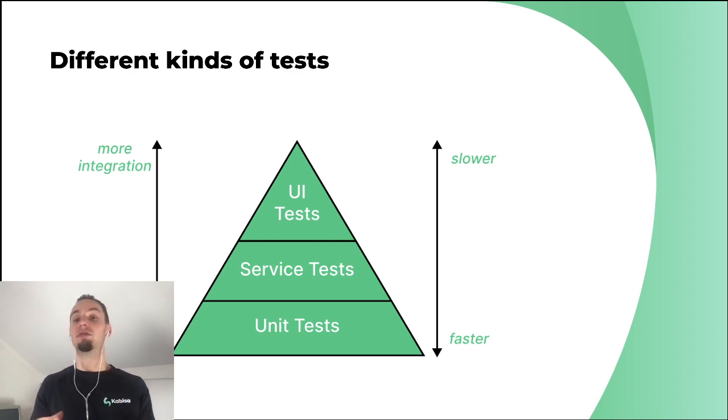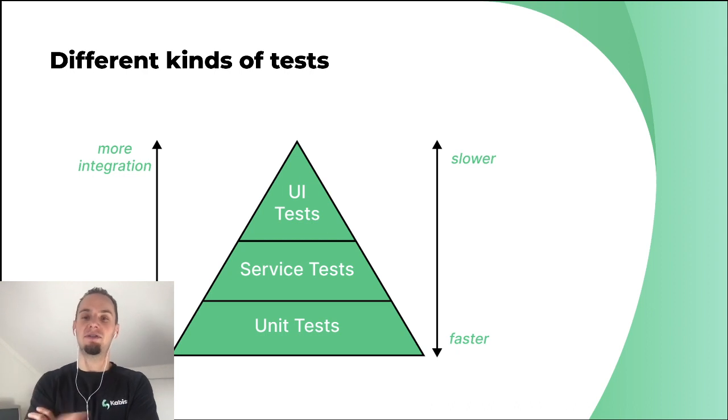Or if you have a mobile app, then the UI tests are actually going to install the application on a mobile device, an emulator, or a real device, and it's going to actually interact with the application. It's going to click and scroll and swipe and everything that a real user would also do, but then in an automated fashion.